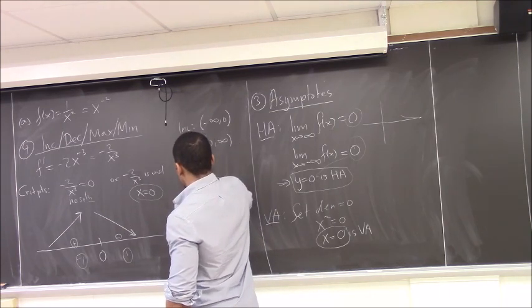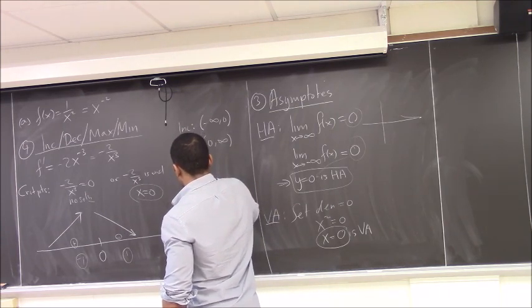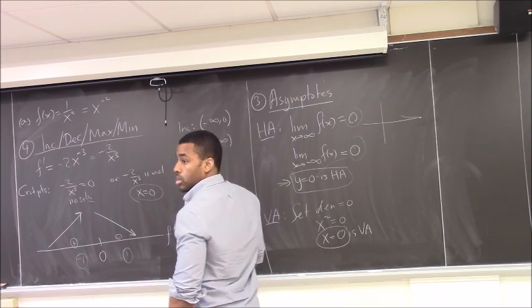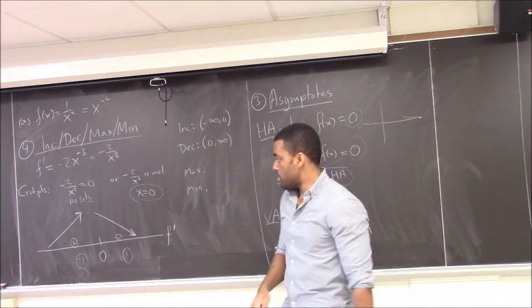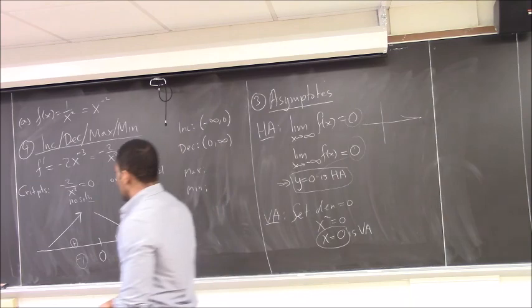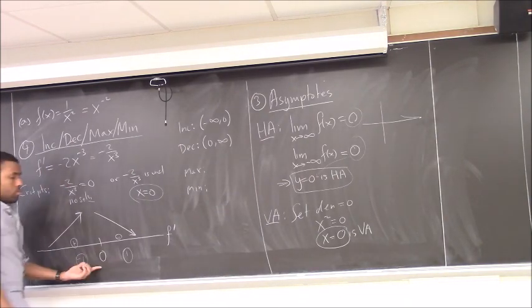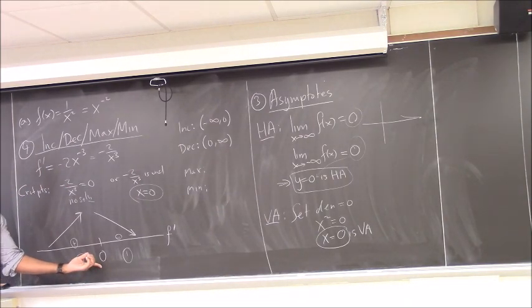Do we have a max or a min? Max. Where's the max? 0. What does step 1 tell us? 0 is not in the domain, so this cannot be a max. Under normal circumstances, if your function was continuous, it would be a max.